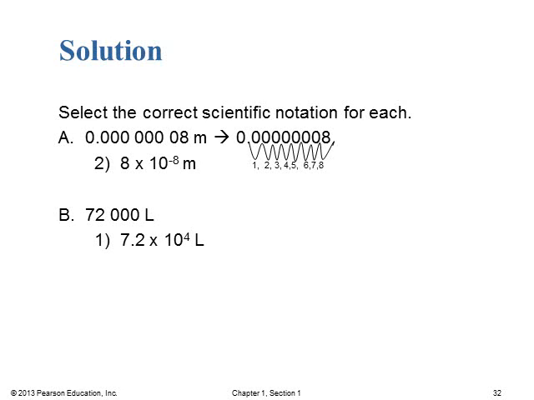So that negative 8, how I figure it out, is how many places that decimal had to move over. Here you see that our decimal started here and we had to jump over 1, 2, 3, 4, 5, 6, 7, 8 places in order to get that decimal after that 8 digit.